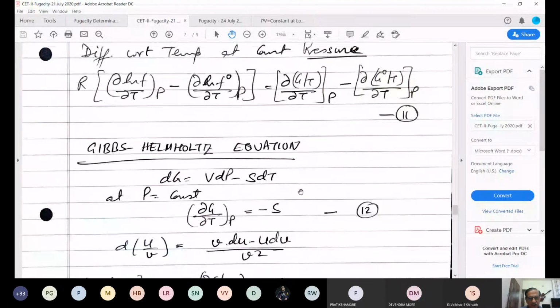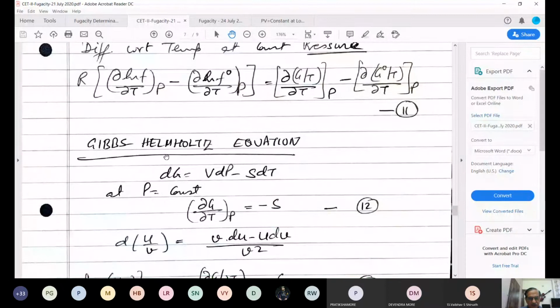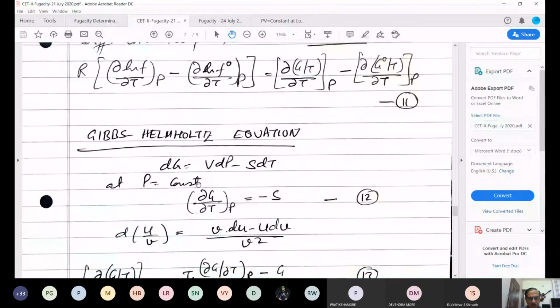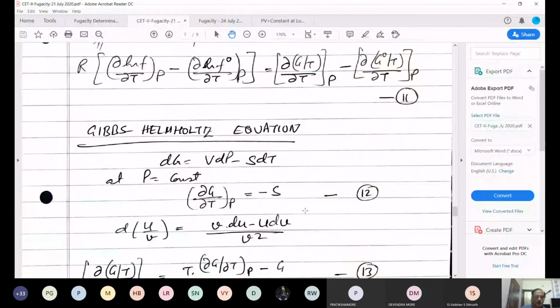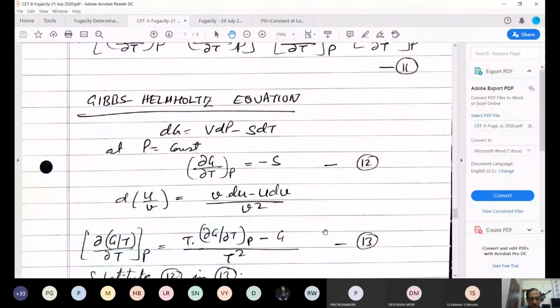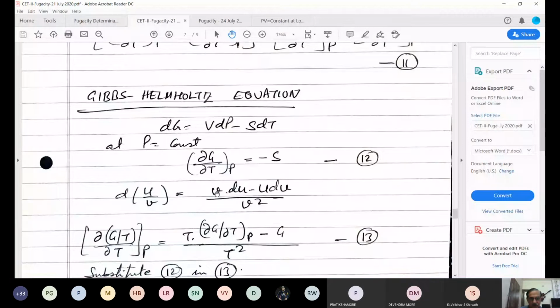dG is equal to VdP minus SdT था, ये हमने derive किया था, fundamental property relation. So at constant pressure, ∂G/∂T at constant pressure is equal to, this becomes 0 dP, so minus S. Now if we take the derivative of numerator upon denominator, it is equal to denominator into derivative of numerator minus numerator into derivative of denominator, by denominator square.